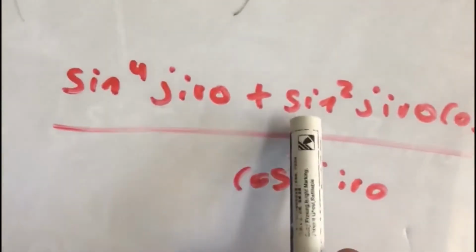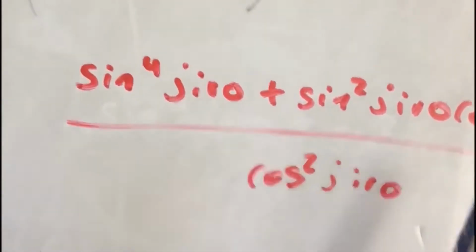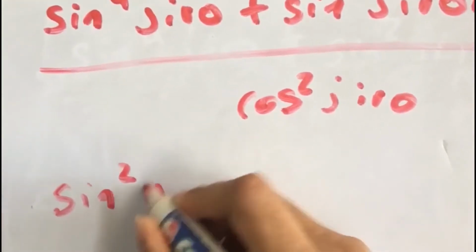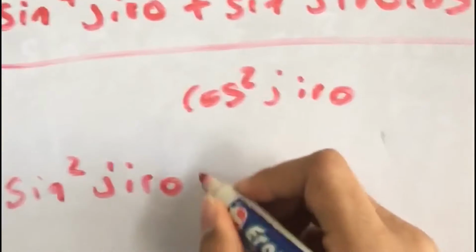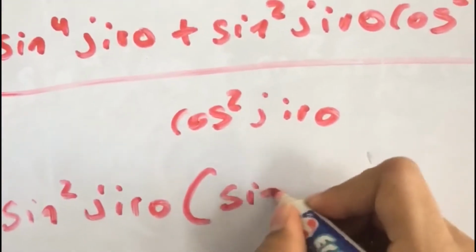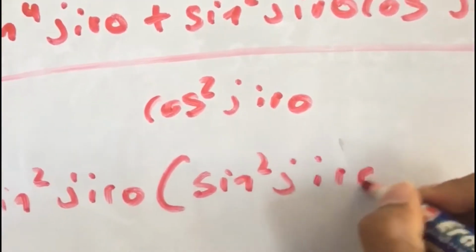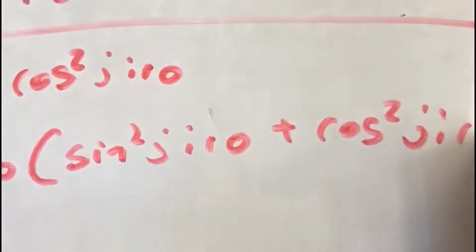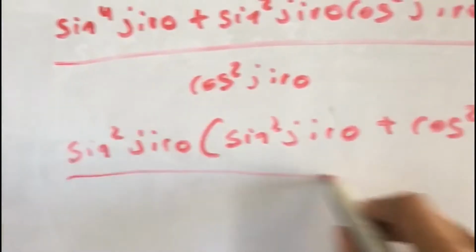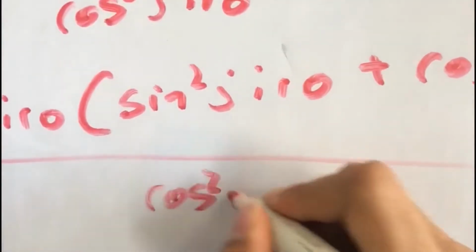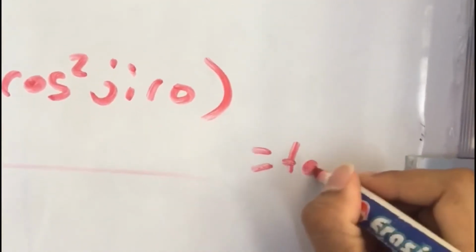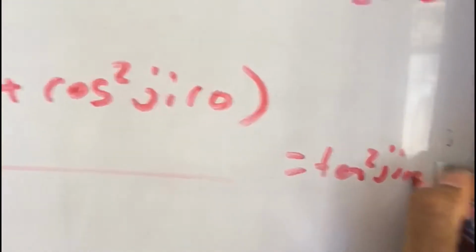Okay, so now we can factor out sin squared Jiro. So that would be sin squared Jiro times sin squared Jiro plus cos squared Jiro, all over cos squared Jiro, equaling tan squared Jiro.